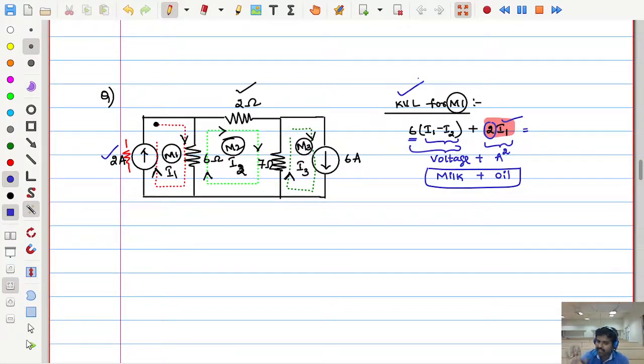Try to do that task effectively. Don't do this kind of thing. If I ask for the voltage like milk packet, you bring the oil packet, which is not at all advisable. Many students make this mistake. Clear?